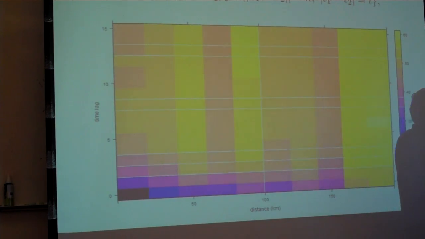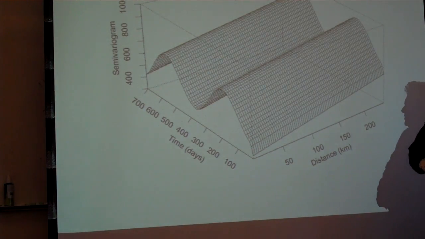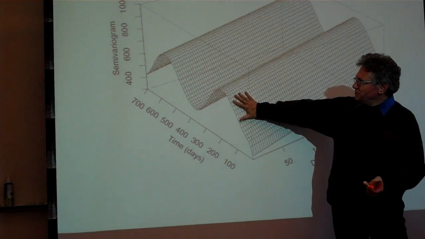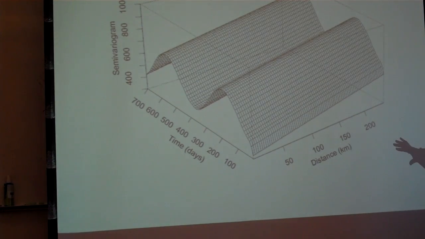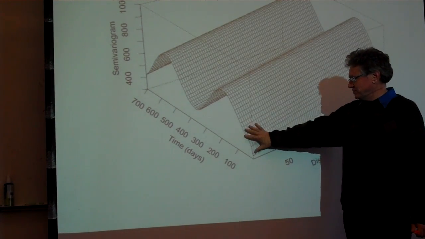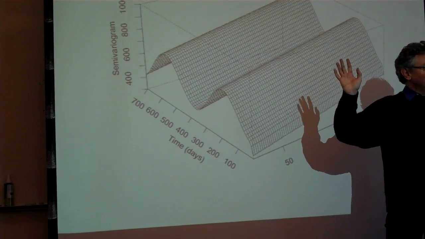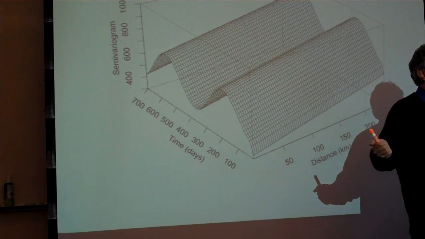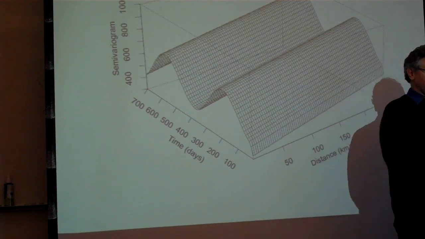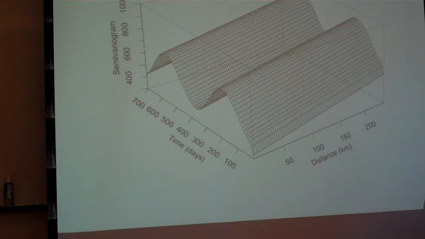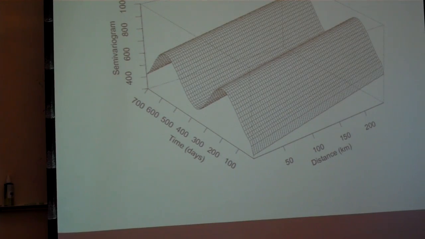I'm still sort of researching how you would actually use this. Conceptually, we can say you could do kriging in space and time using this variogram. There's nothing particularly difficult about that, but in terms of how you actually implement it in R, I'm still working that out.